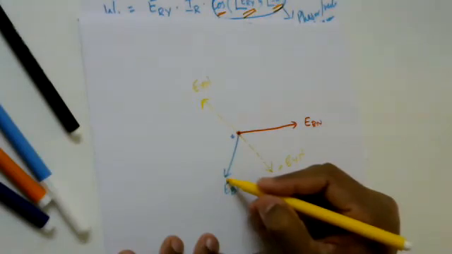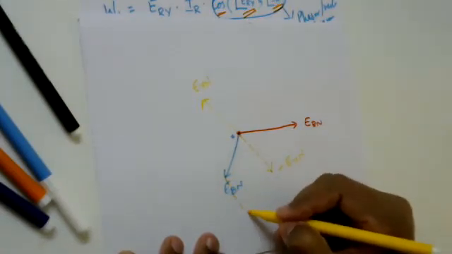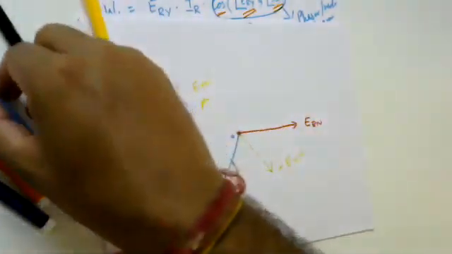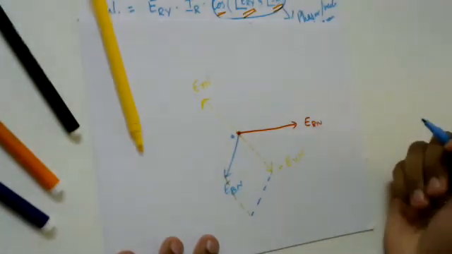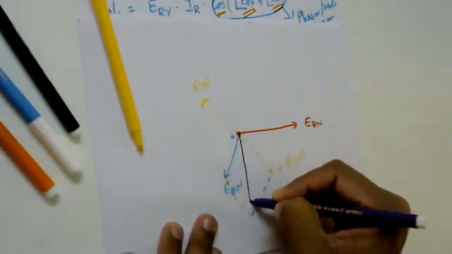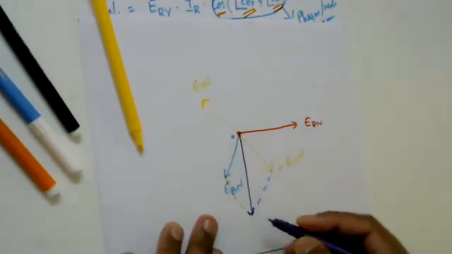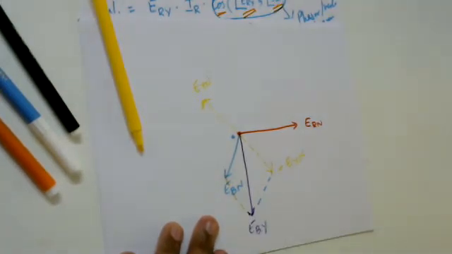So I need to implement the parallelogram law. Then the resultant vector from origin to this point is nothing but my EBY.